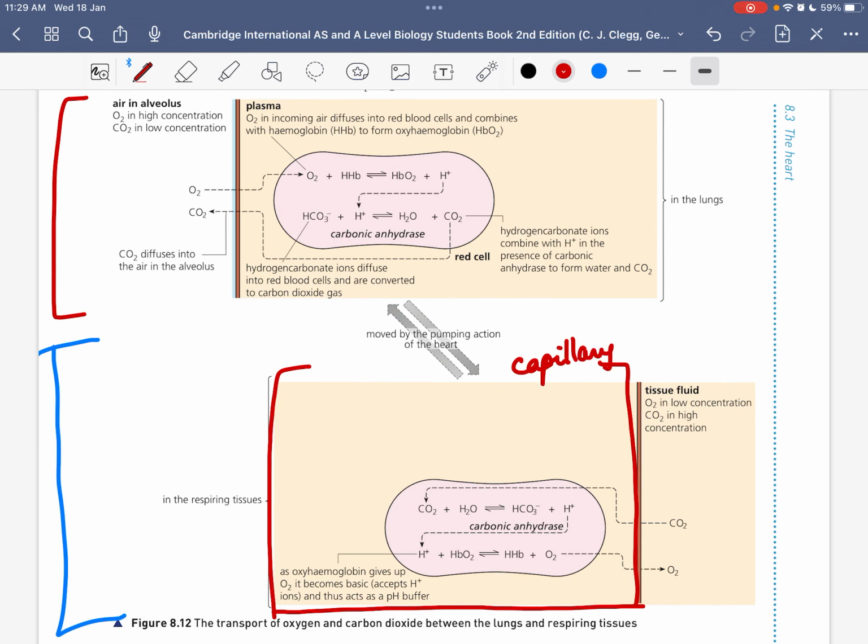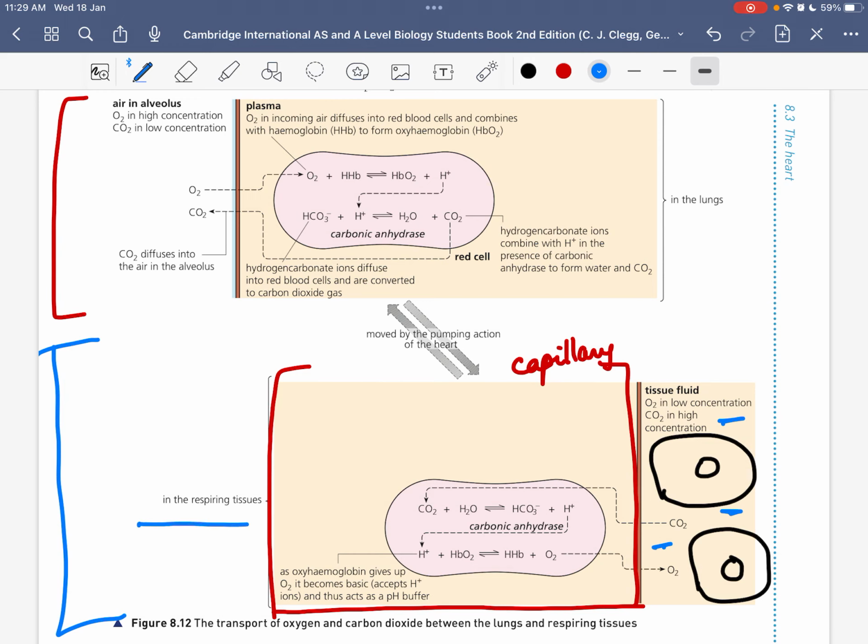And anything which is outside the capillary is the tissue fluid. This is the tissue fluid. So if this is the tissue fluid, then there might be cells here and there. So let me just draw two cells, the tissue cells, and this is the tissue fluid, right? When I say tissue fluid, tissue cells, it means they are respiring tissues.